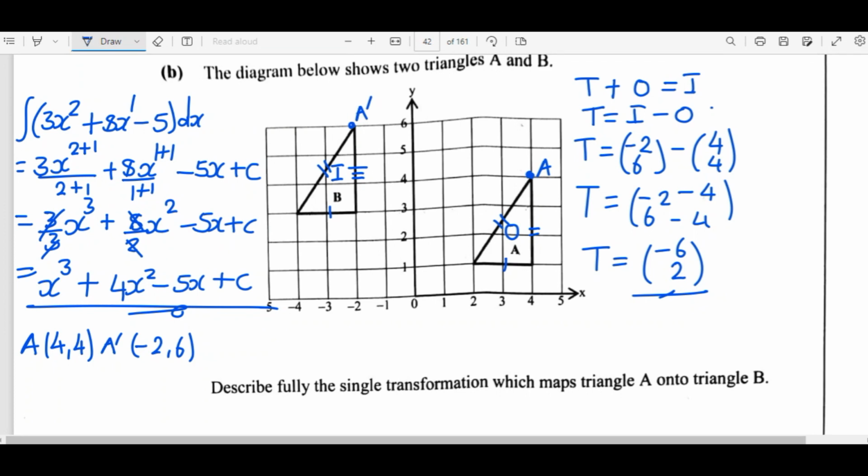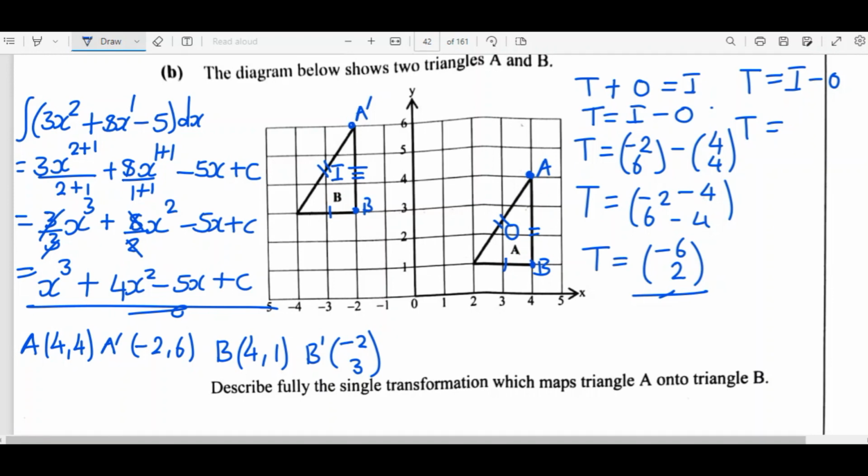Let's see if we can get the same answer if we use this other pair, B and B image. The B object is (4, 1), and the B image is (−2, 3). So the translation vector is equal to image minus object.